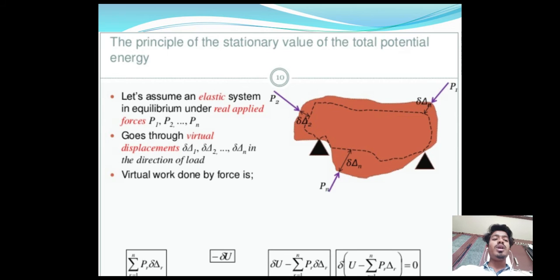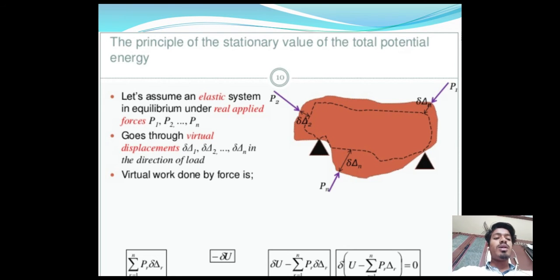You can see in the figure δ1, δ2, up to δn in the direction of load. Virtual work done by force is Σ(r=1 to n) Pr δr − δU. U is the strain energy, δ is deflection.